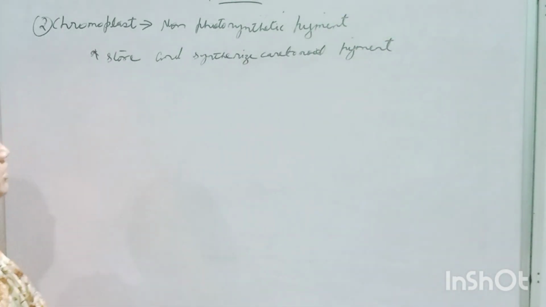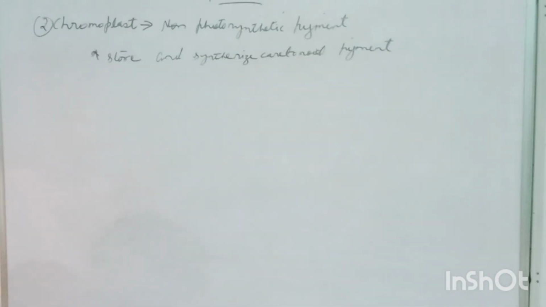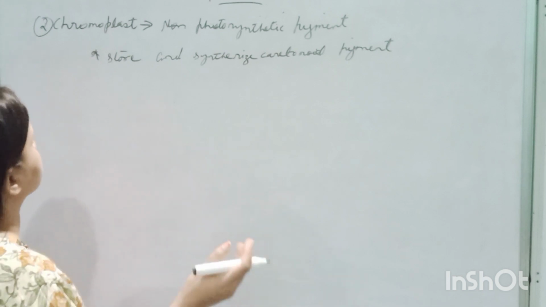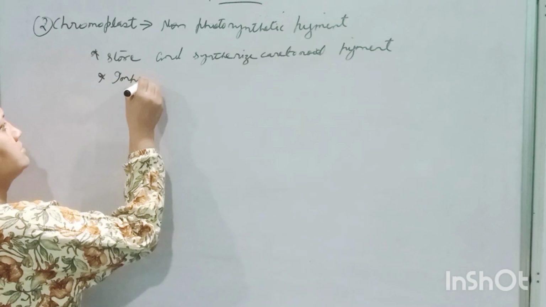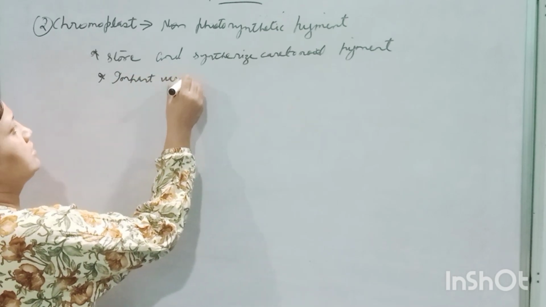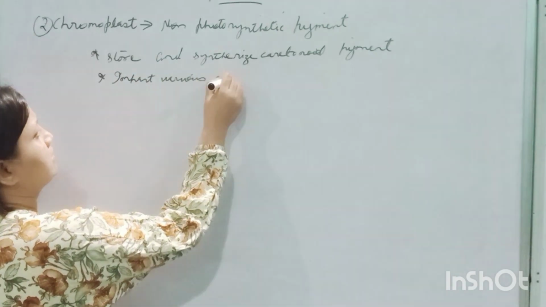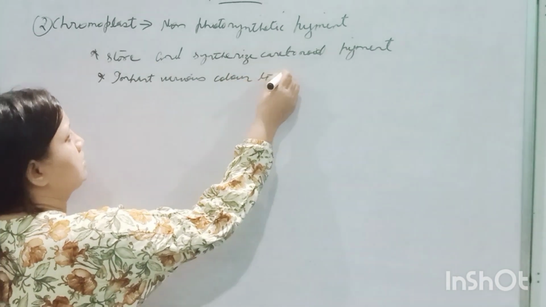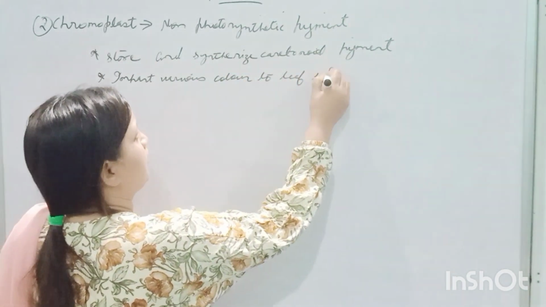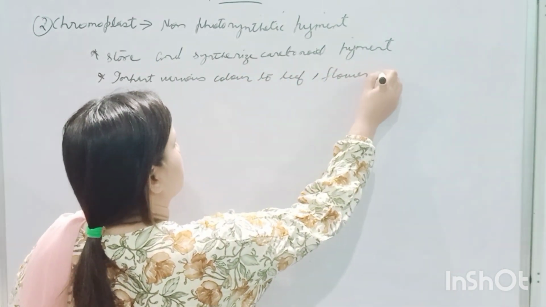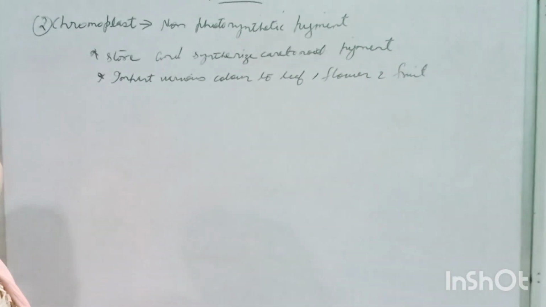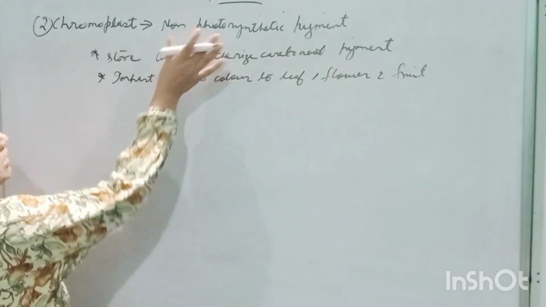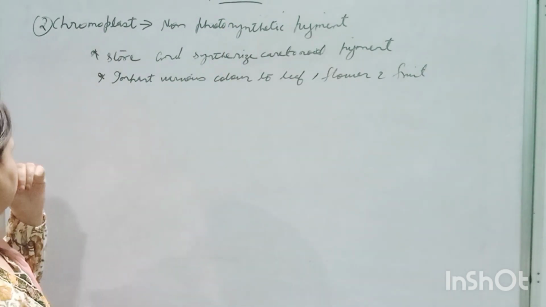Besides chlorophyll, carotenoid is also one of the pigments. There are so many pigments. Because of this presence, it imparts various colors to leaf, flower and fruit. The different colors you observe in the plant, in the leaf, in the flower, in the fruit, are due to the chromoplast.